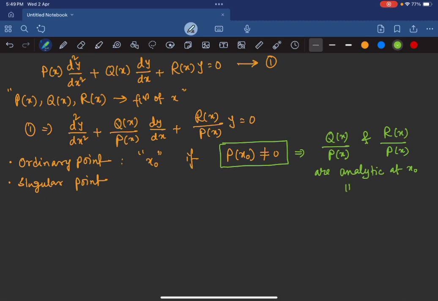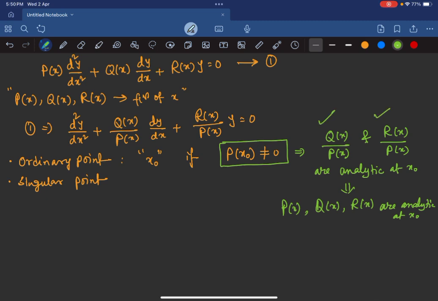So obviously q(x), r(x) as well as p(x) are all analytic at x0. Analytic at x0 means it is differentiable in a neighborhood of x0. So the functions p(x), q(x) and r(x) are analytic at x0.